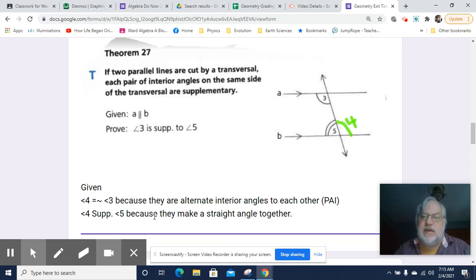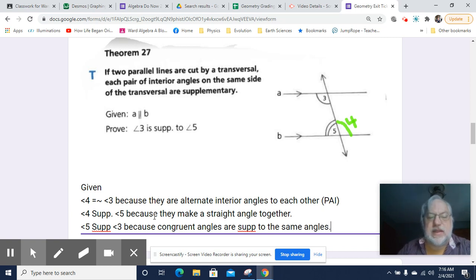And then we can say that angle 5 is supplementary to angle 3 because angles that are supplementary to congruent angles are supplementary to the same angles.